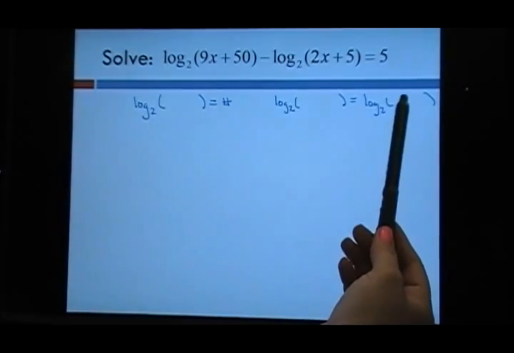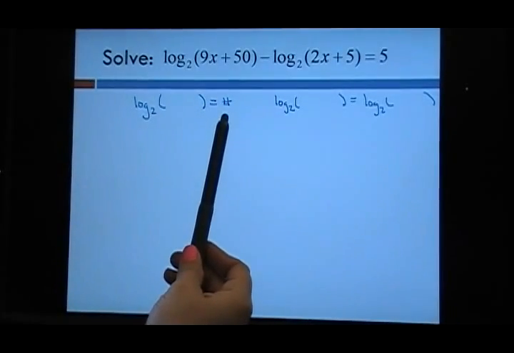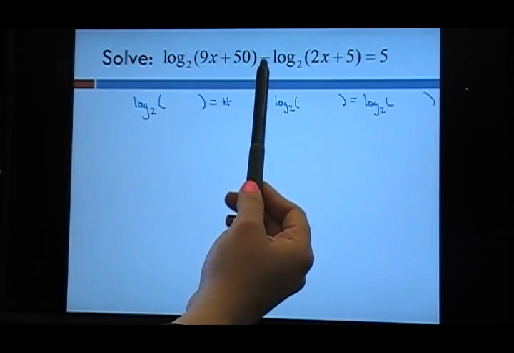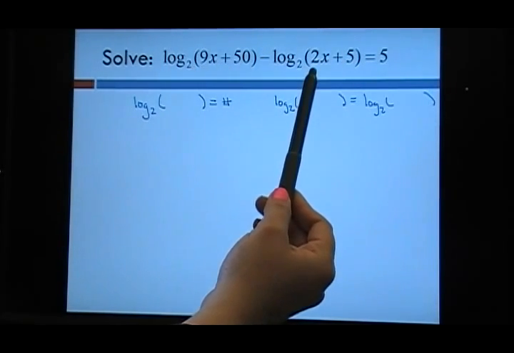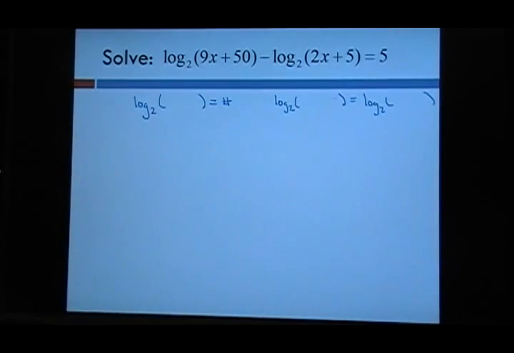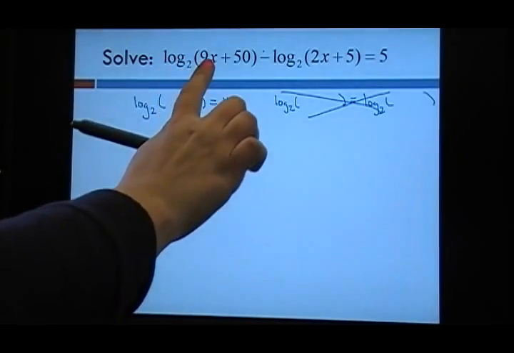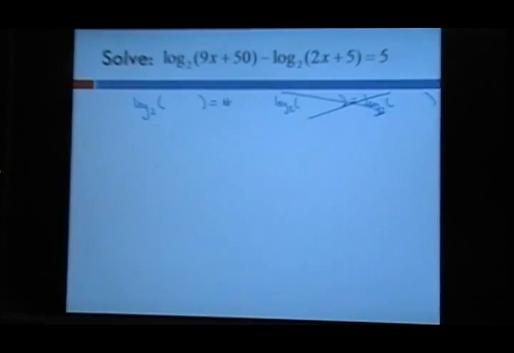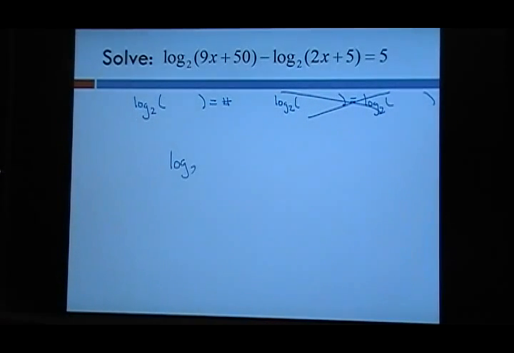We can, however, get it into this form if on the left-hand side, because it's a minus, we can use the quotient rule to rewrite that as a single logarithm. So that's what I'm going to do. On the left-hand side, log base 2 of 9x plus 50 minus log base 2 of 2x plus 5 is the same as log base 2 of 9x plus 50 all over 2x plus 5.